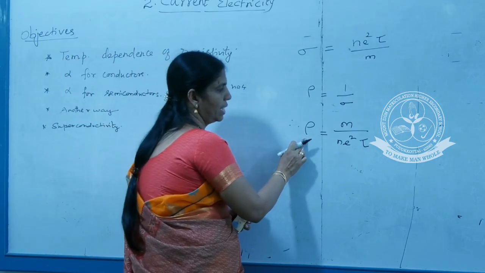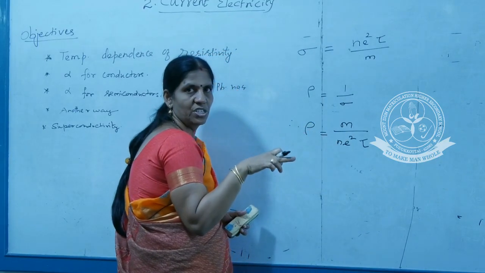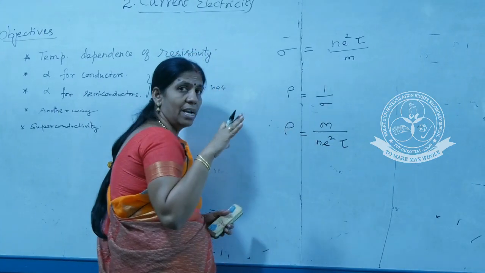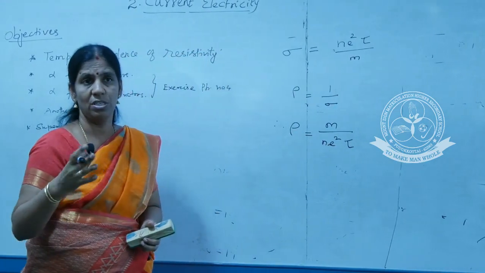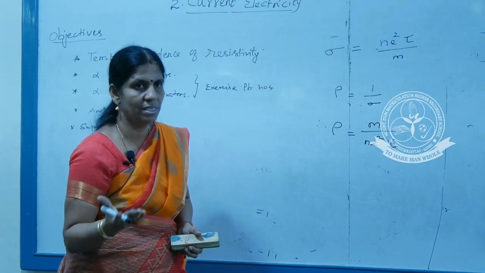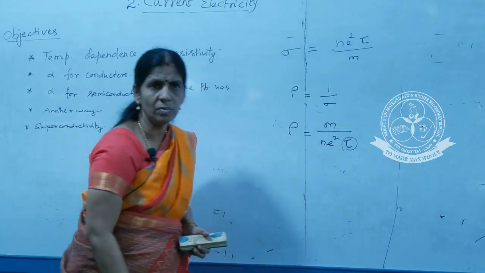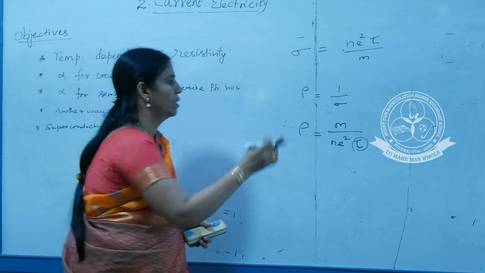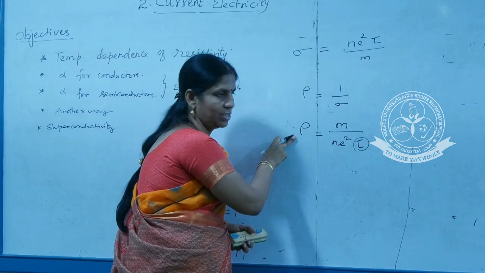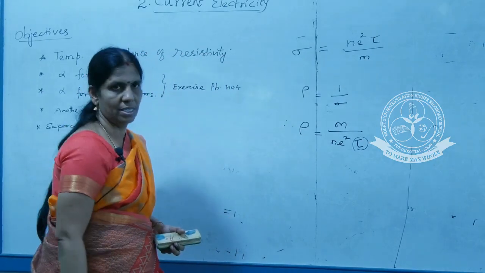Let us take a conductor. Suppose if you increase the temperature, the average kinetic energy of electrons also increases, that results in more number of collisions, and thus it reduces its tau value, resulting in the increase of resistivity in the case of conductors.